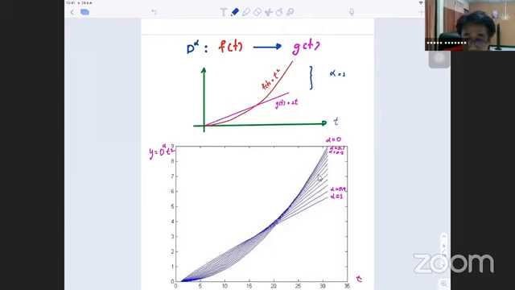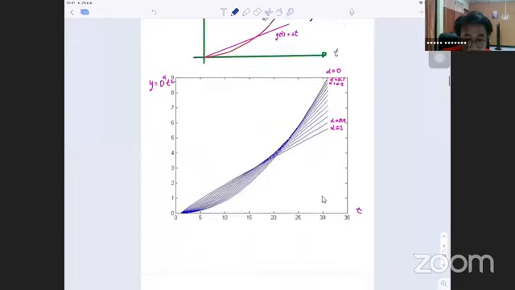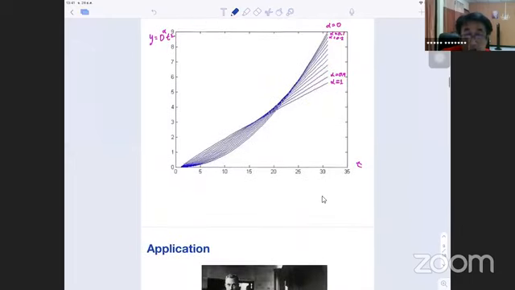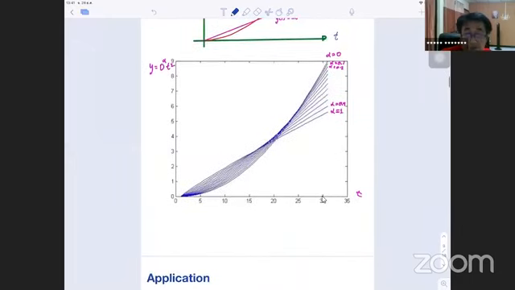You see, it's up to the order, fractional order. Okay. Next, we will see the application.